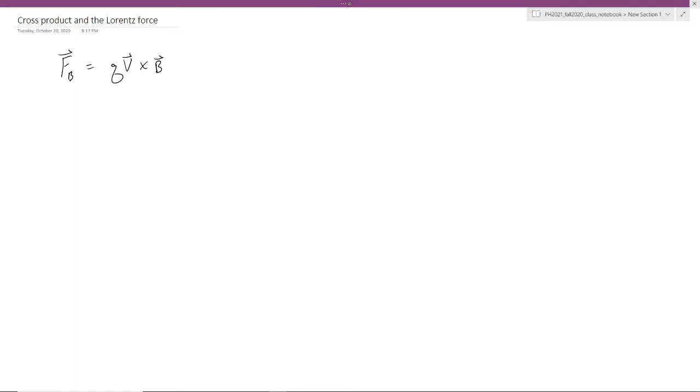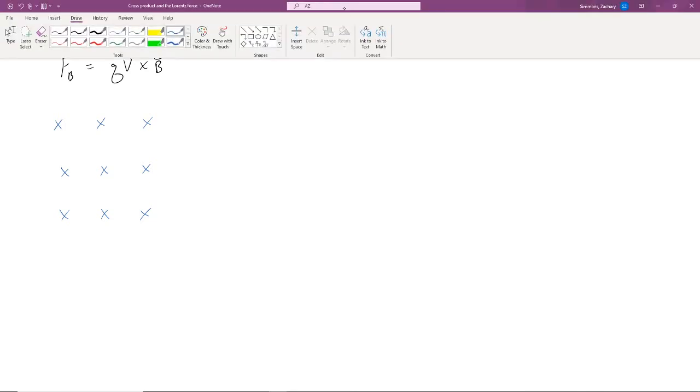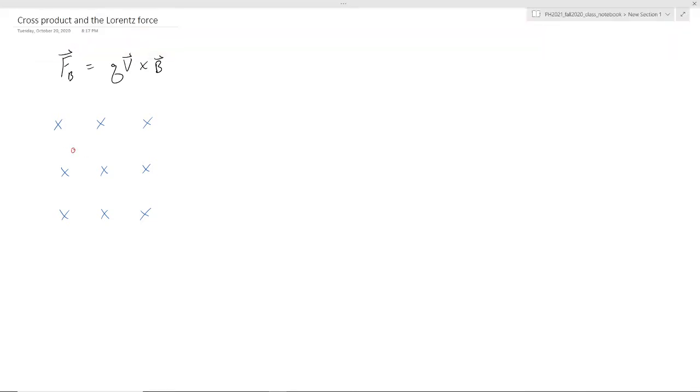And we had looked at some qualitative scenarios, like if you have a magnetic field and a charge that's flying through it with some velocity, you can find the force on that charge using the right-hand rule, at least qualitatively.